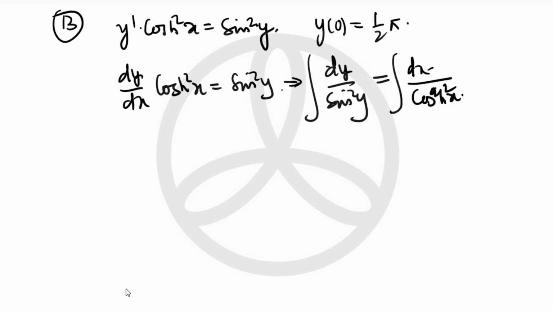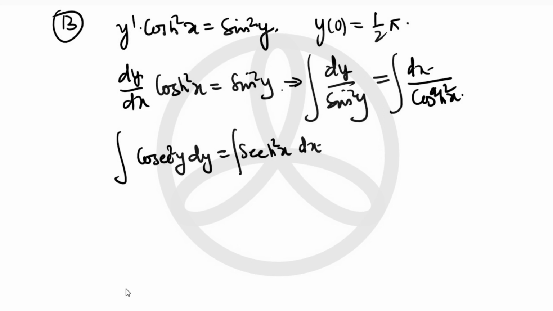Now integrating sine square, this is actually nothing but cosec square y dy, and this is nothing but sech square x dx. When integrating, here we get minus cot y, and here we get tanh x plus a constant of integration c.